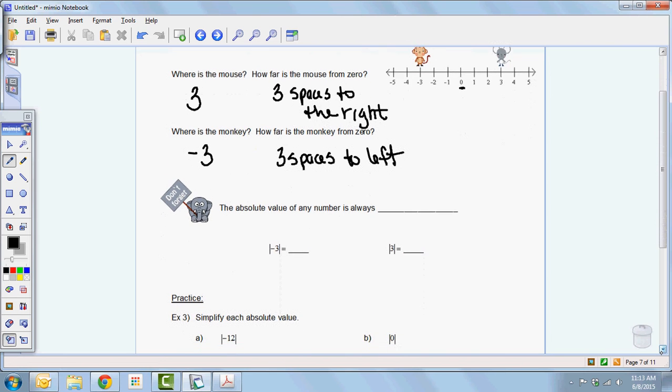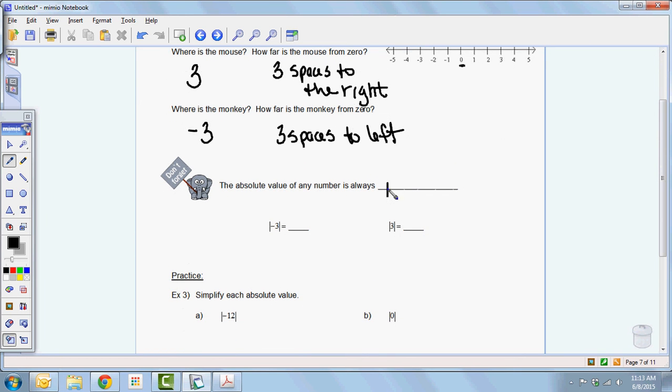Absolute value of any number is always going to be positive because it's the distance a number is from 0. And all of our numbers, no matter where they are, are always going to be a positive distance from 0. So this is how we portray absolute value. Absolute value is going to have these little tick marks on the side.